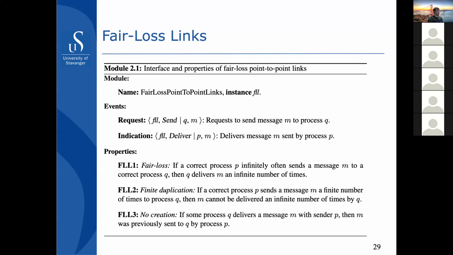Here we have two types: a request event, meaning that you use this module to send a message to a process Q, and you can also use this module to receive a message sent. It has three properties: fair loss, finite duplication, and no creation.